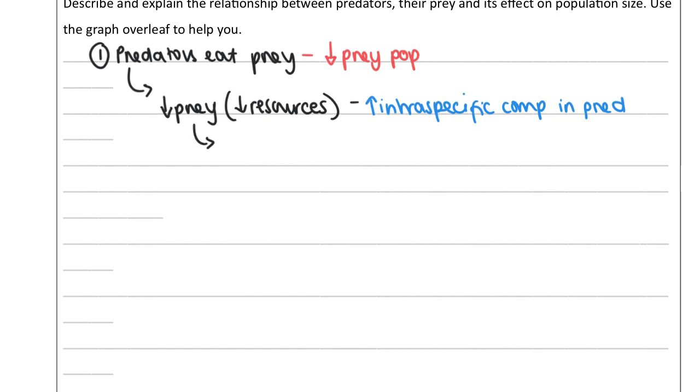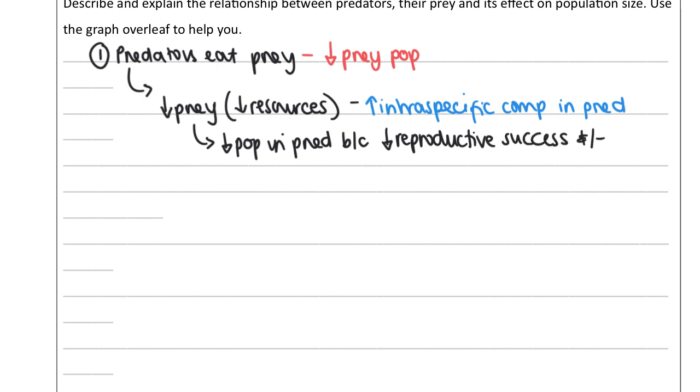Obviously, we know with any type of competition that we are going to have, as a result, a reduced population in the predators because fewer are able to survive, and the fewer that we have surviving is due to the fact that we have a reduced reproductive success, and or generally just reduced availability of food for survival.